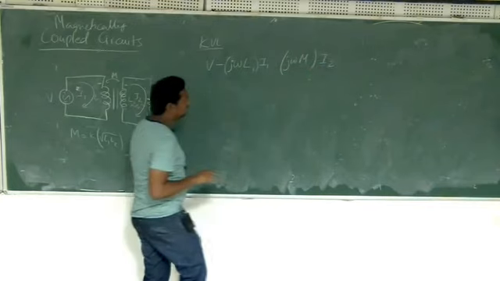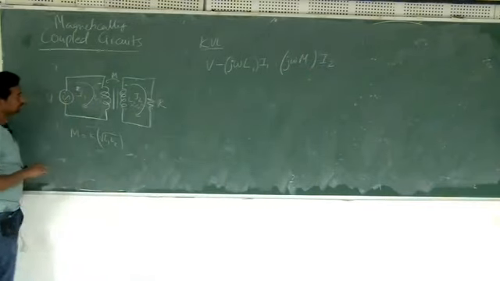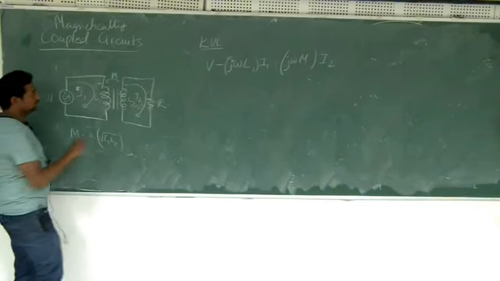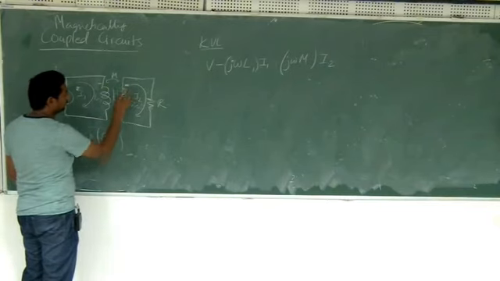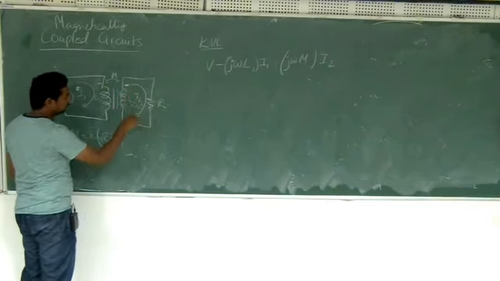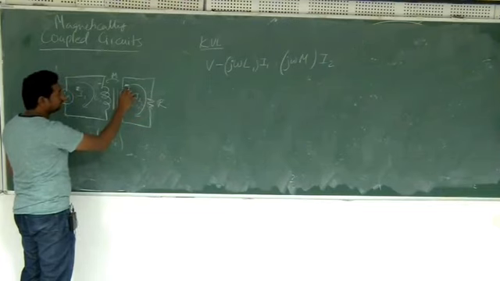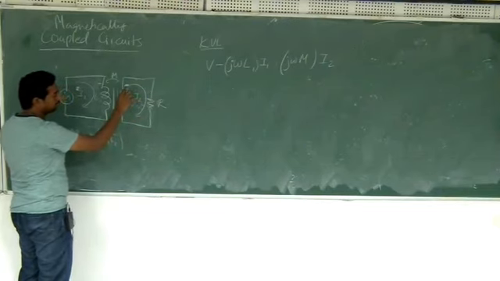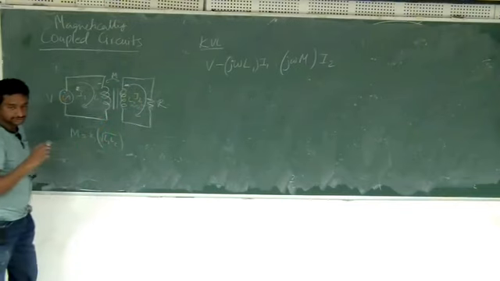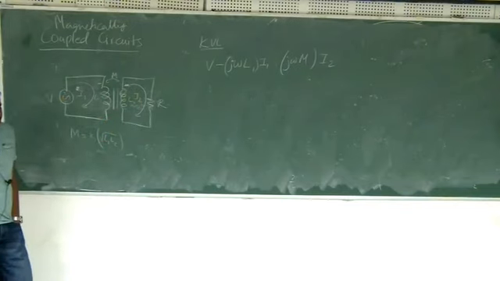Now again, plus or minus. The I2 current direction is like this. The current is leaving the dot. What was our convention? Current entering the dot means the next place where there is a dot will be positive.